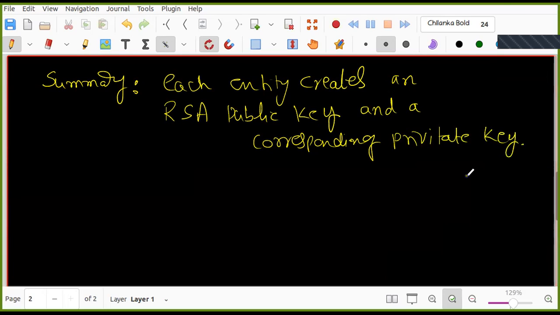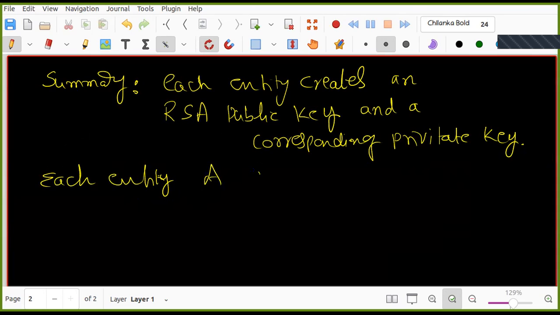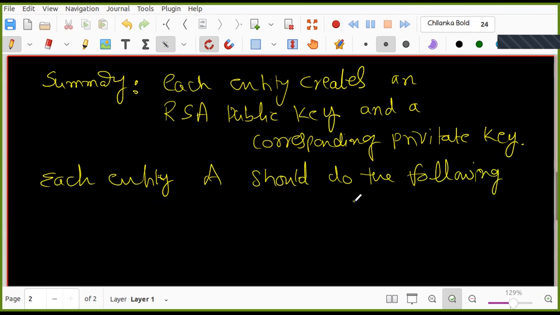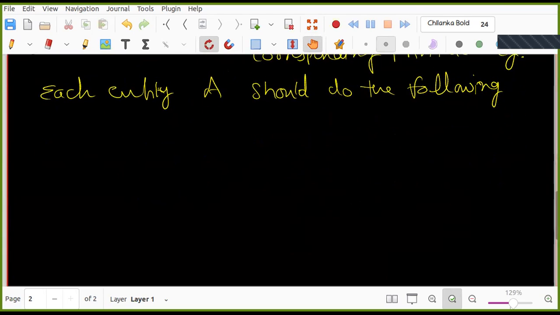This is a summary. So how does it go? Each entity, again, entity means a person or a computer, whatever. Each entity A should do the following. Those who are only attending today, also no problem. It is a completely new topic and you can understand easily, right?